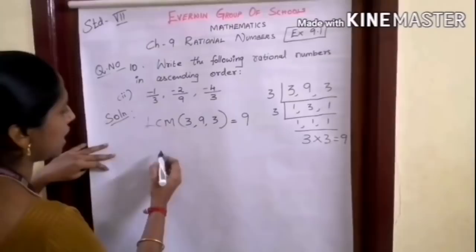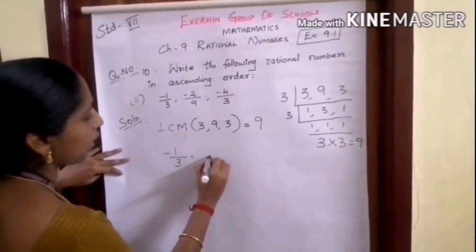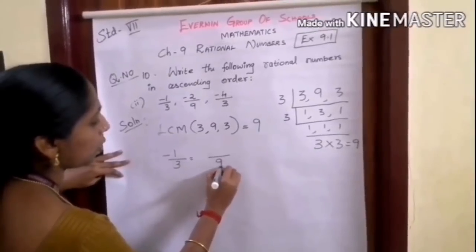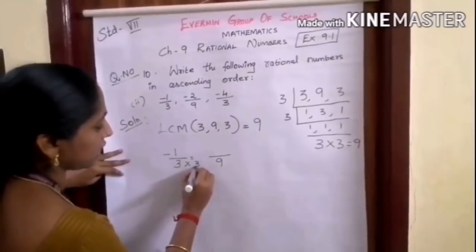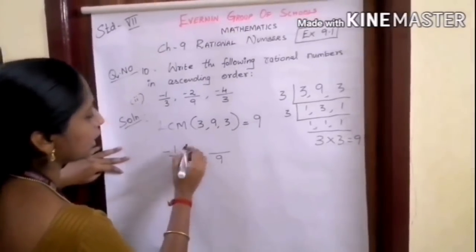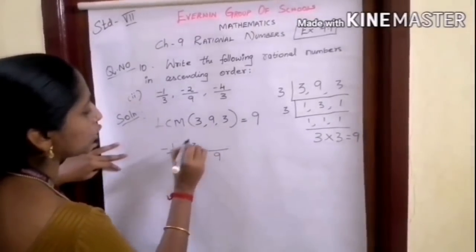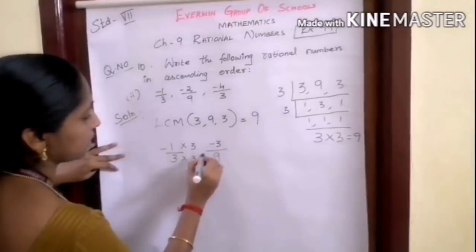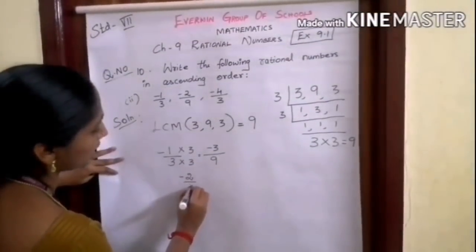First rational number, minus 1 by 3. I am going to convert the denominator into 9. So 3 multiplied with 3, the answer will become 9. The same number in the numerator also: minus 1 into 3, minus 3. Next, minus 2 by 9.